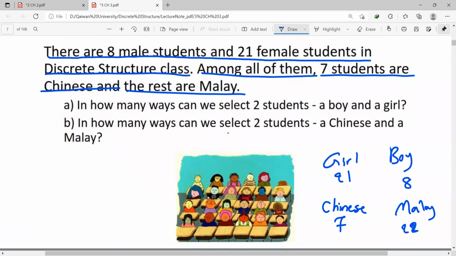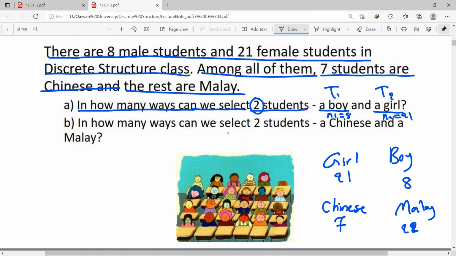It says, in how many ways can we select 2 students? In the previous example, it said pick one student. Here it is 2 students, a boy and a girl. In this case, we must use multiplication. Say T1 is choosing a boy and T2 is choosing a girl. So n1 equals 8, and n2 equals 21, because we have 21 female students in the class.